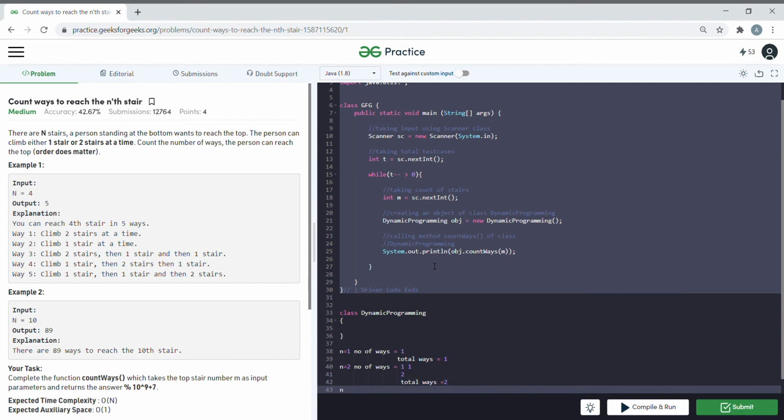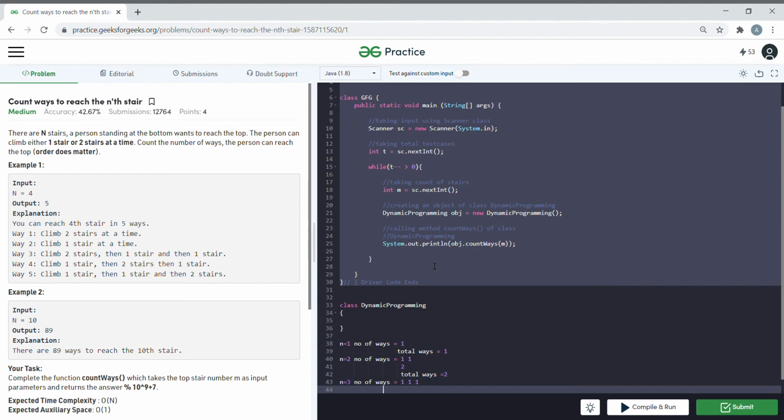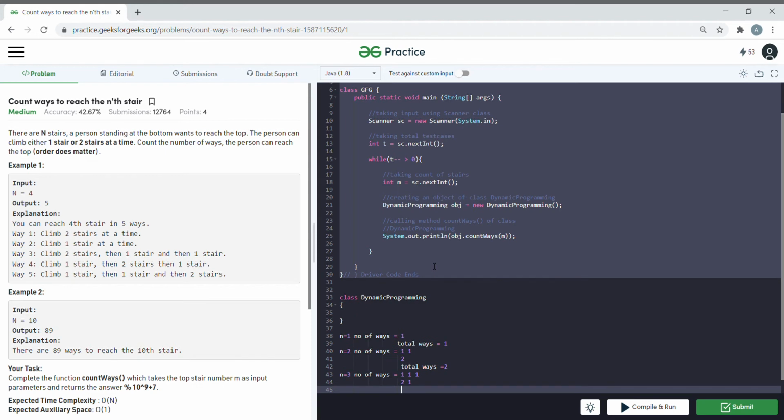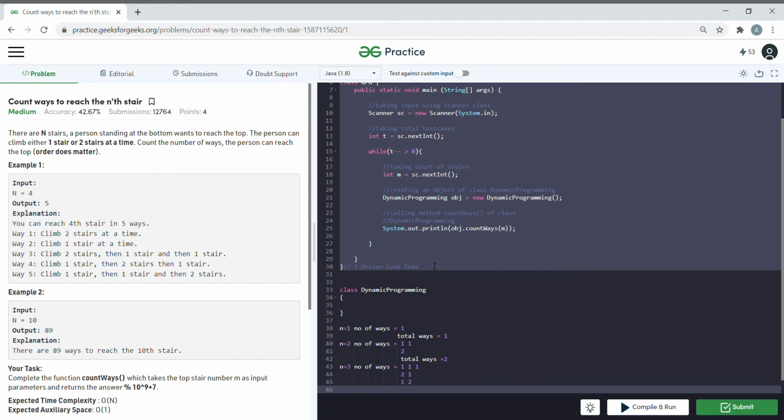When n is equal to 3, the number of ways is, here a person can climb one step at a time, so 1 1 1, or he can climb 2 steps and then 1 step, or 1 step and then 2 steps. Yeah, that's the only method possible.